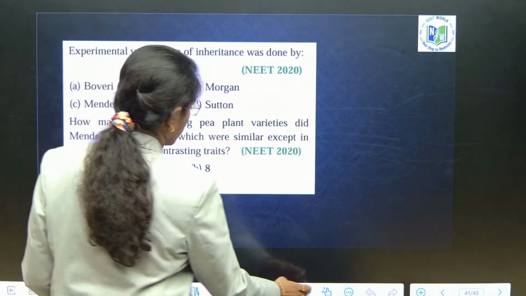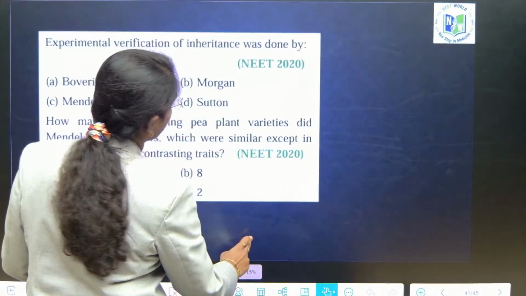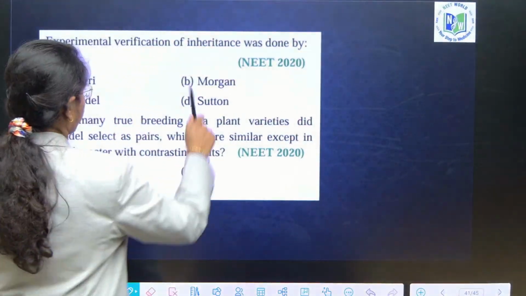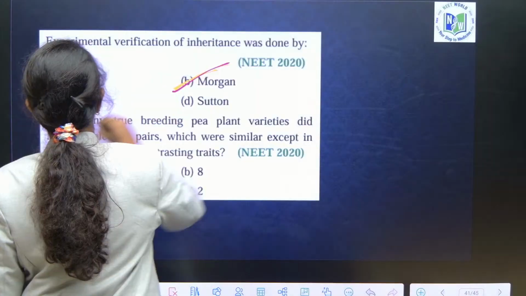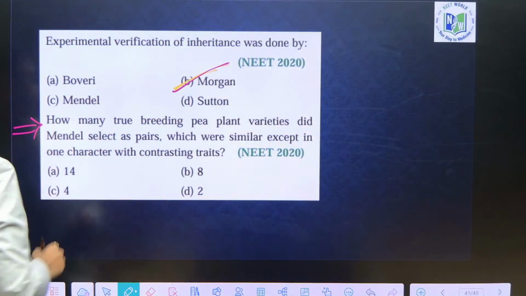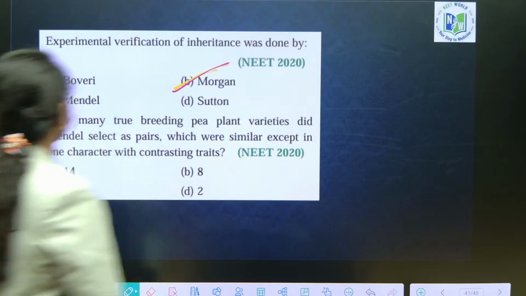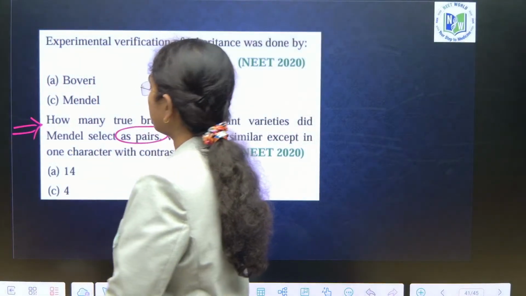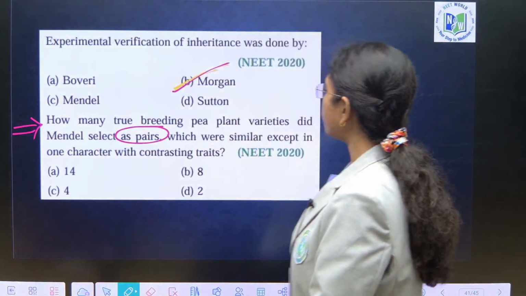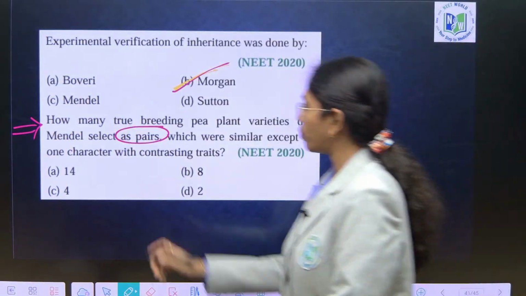Experimental verification was done by Thomas Hunt Morgan, right? Look at this question. As pairs he is mentioning, as pairs which were similar except in one character, for contra it is 14.